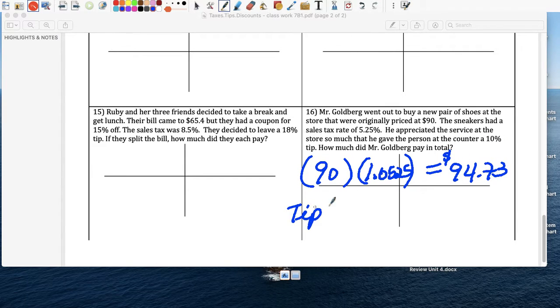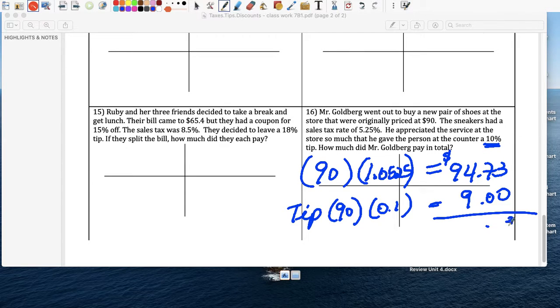And then we're going to tip this person. The tip is going to be on the shoe, so $90. And how much we're giving the person, a 10% tip, so 0.1. 10% of 90 is just 90 cents. Sorry, $9. Oh, sorry, $9. We're going to give them a $9 tip.